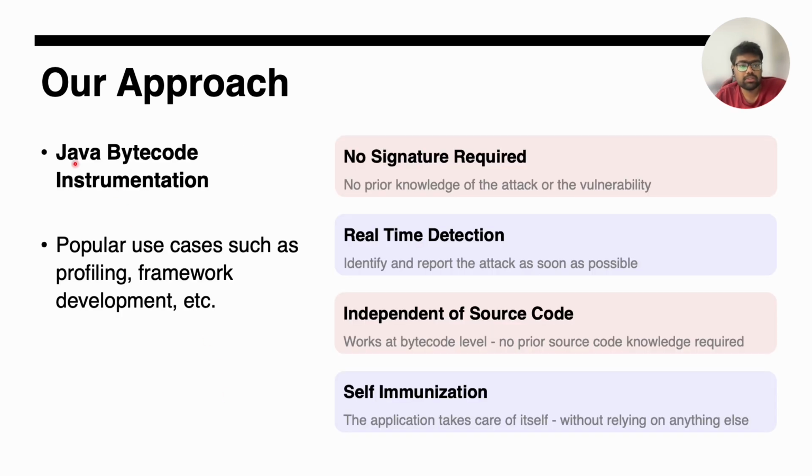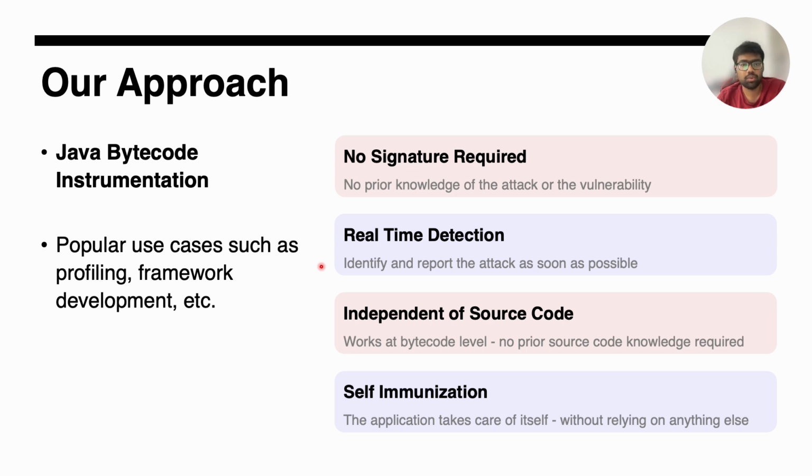Now, our approach is based on the idea of Java bytecode instrumentation. It's a well-established idea. This technique is used in profiling, framework development, and lots of other cases. But in this case, we apply it specifically for security. Now, there are four properties that make this different from existing defenses. First, we don't need any type of signature. We don't need any prior knowledge of the attack or the vulnerability.